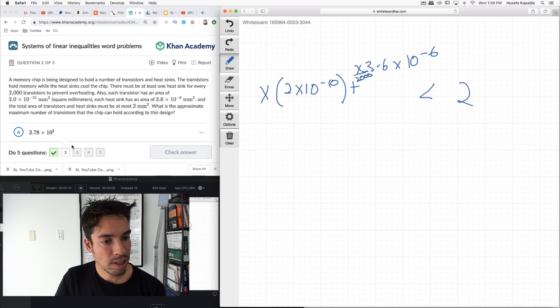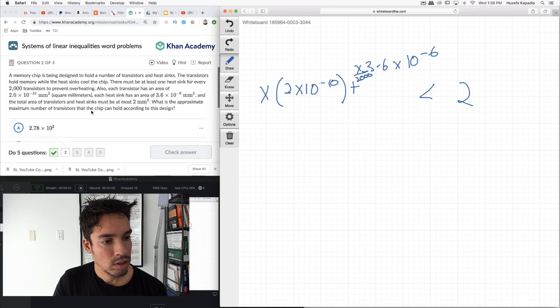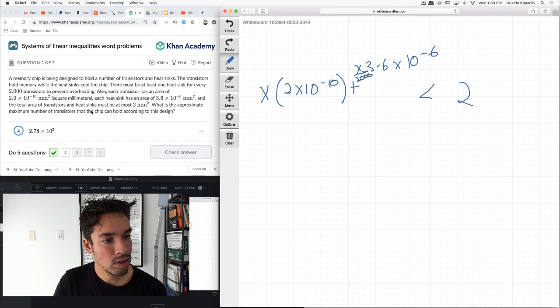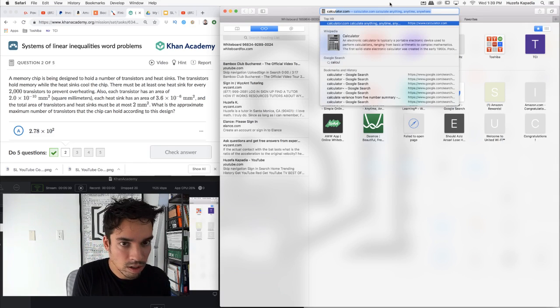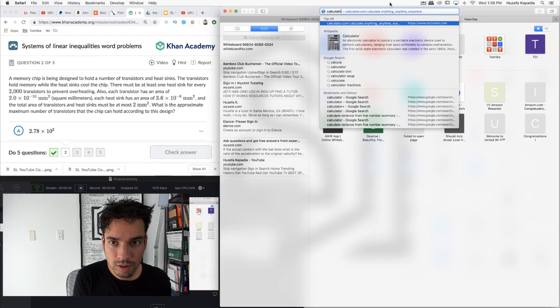I mean, we could, again, plug and chug. So if we have 2.78 times 10 squared, see, this is 278 transistors. I might use a calculator here. This is kind of tricky.